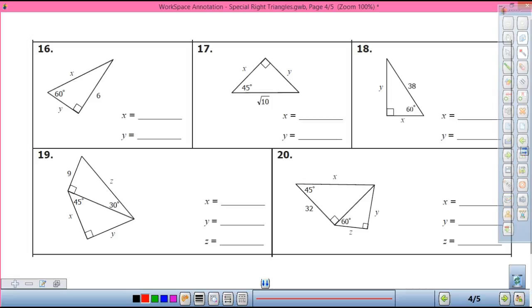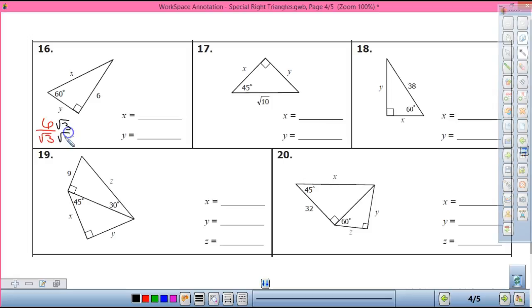Okay, 16, they're giving me long leg. So long leg to short leg. What do I do? Divide by the square root of 3. So 6 divided by the square root of 3.